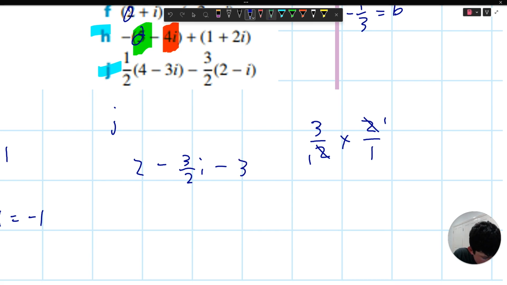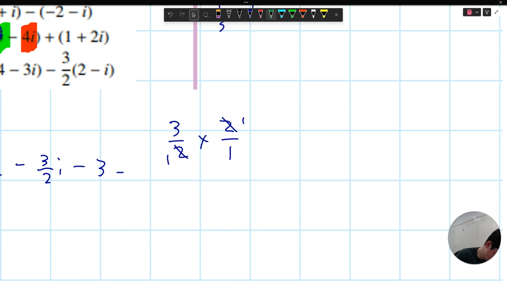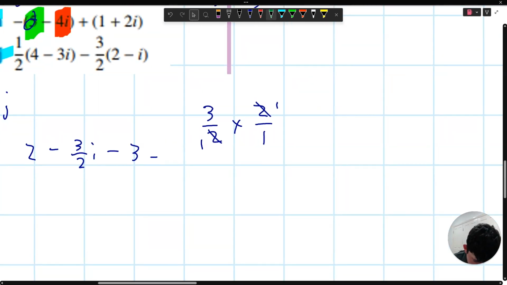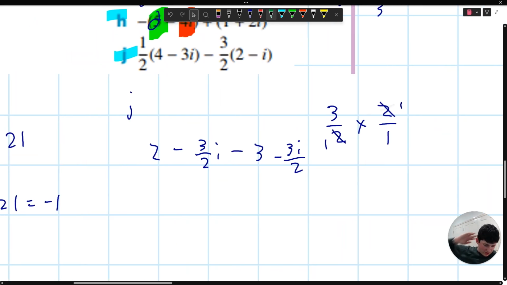Minus 3i over 2. It takes me so long, man. 3i over 2. Wow, would you look at that? So 2 minus 3 is equal to negative 1. That's the real component.